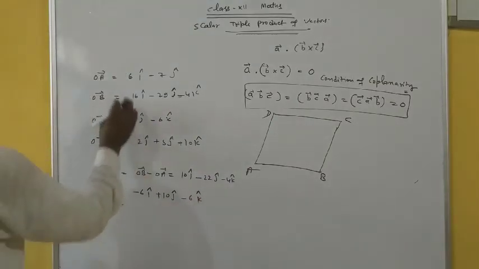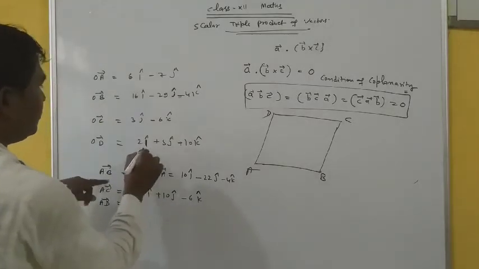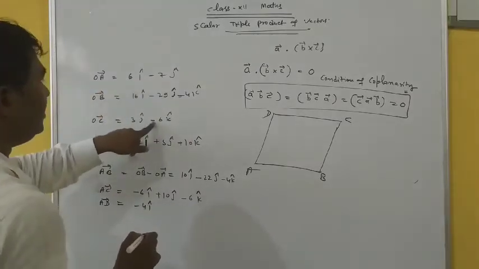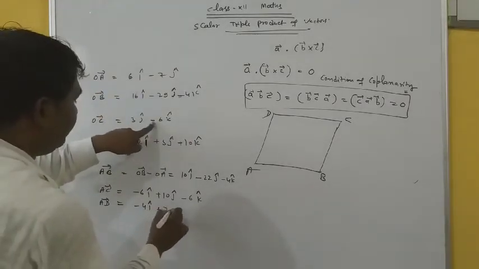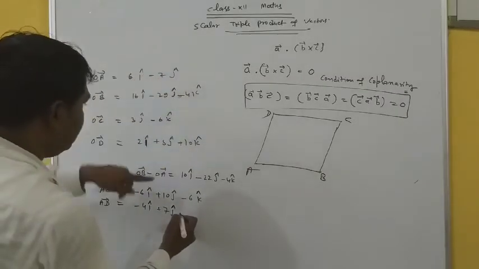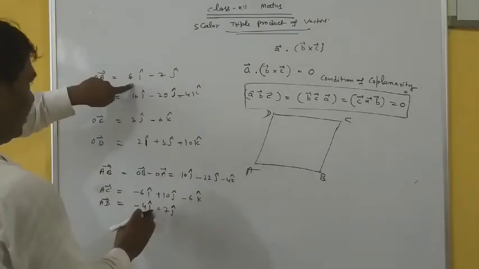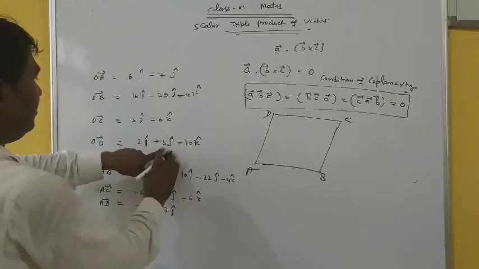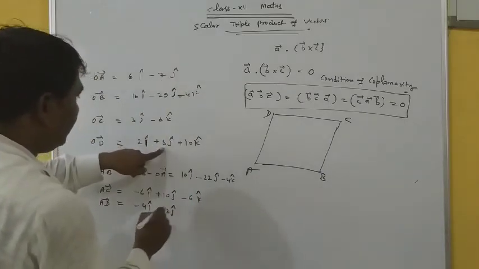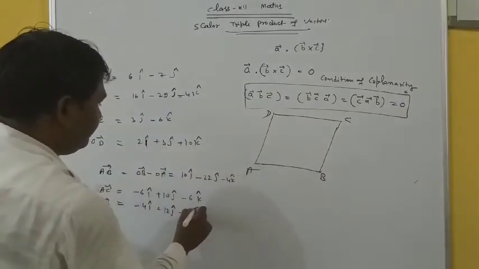AD vector, D minus A: 2i minus 6i is minus 4i cap, 5j plus 7j is 12j cap, and 10k cap.